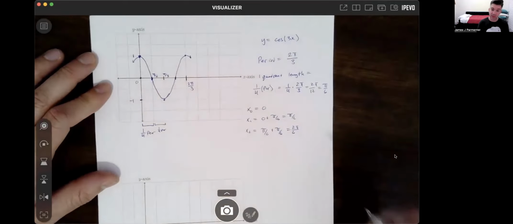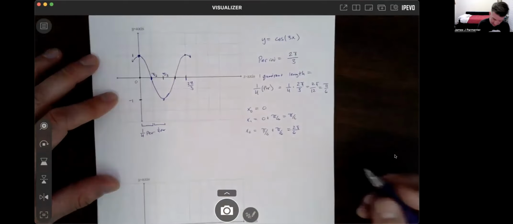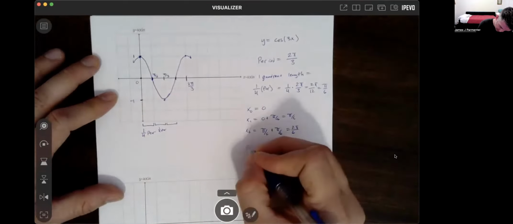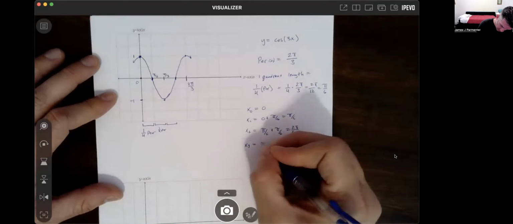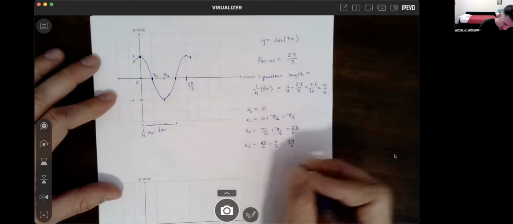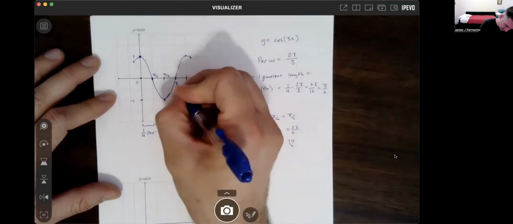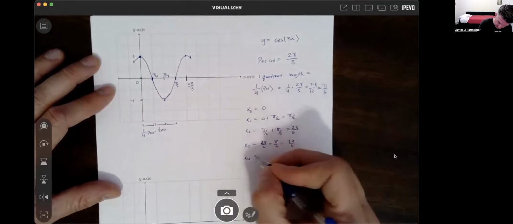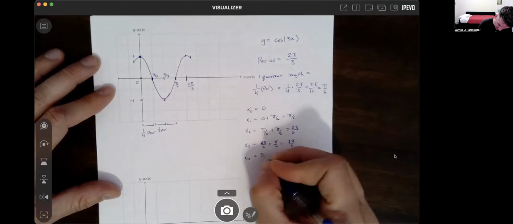But the reason I don't want to reduce it is because when I add on another quarter of a period, which is still pi over 6, I'm going to get my third value being 2 pi over 6 plus another pi over 6, which is 3 pi over 6, which I know reduces to pi over 2. Finally, my last point is going to be my previous point, 3 pi over 6.